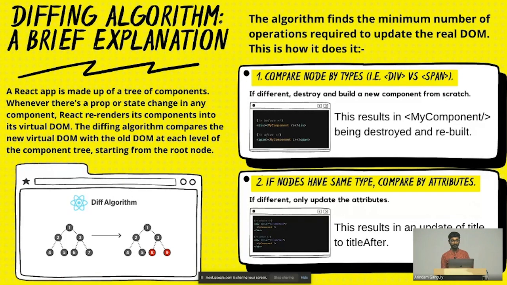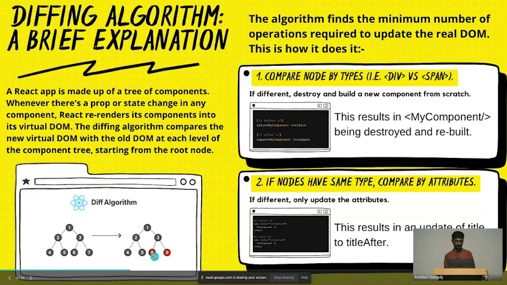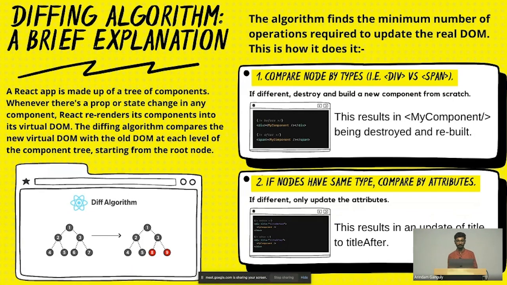So in this example, if you see, there is an 8 and 9. This particular node has been changed, correct? It does not instantly do it again. It tries to find out the minimum number of steps required to do the changes, and that's how it increases the performance. And that's when the batch processing comes into the picture, which I already mentioned in the earlier slide, right?